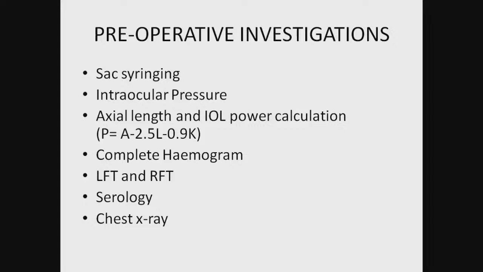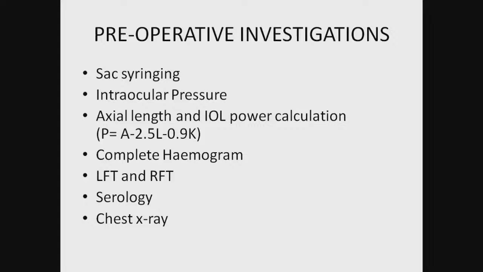Then you have to calculate the IOL power. For that you need the axial length of the eyeball, which is known by A scan, and then you have to do the keratometry, and feed these readings to the machine. Automatically you will get the IOL power, because you are implanting the lens which is required for the patient.